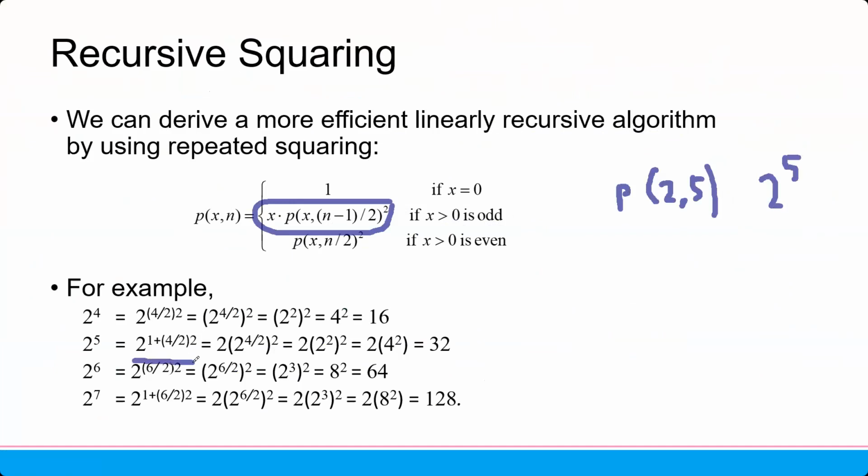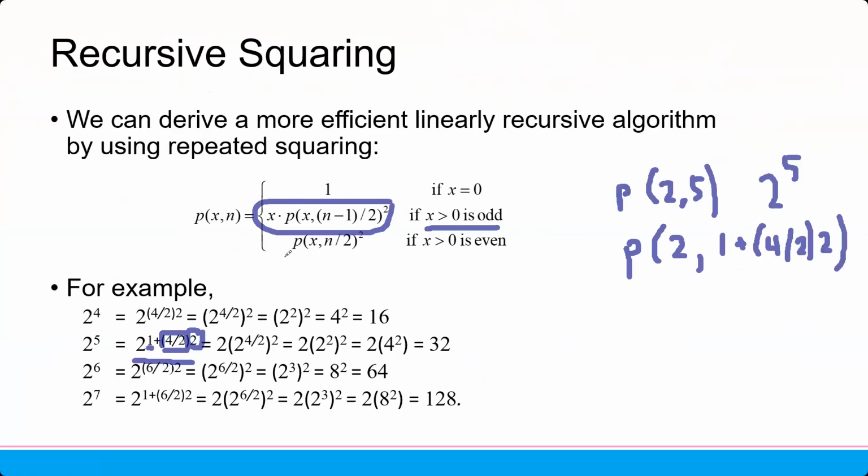Then the problem can be something like this: 2 to the power of (1 plus 4 divided by 2) multiplied by 2. So it means we have p(2, 1 plus 4 divided by 2) multiplied by 2. This happens when n is odd.